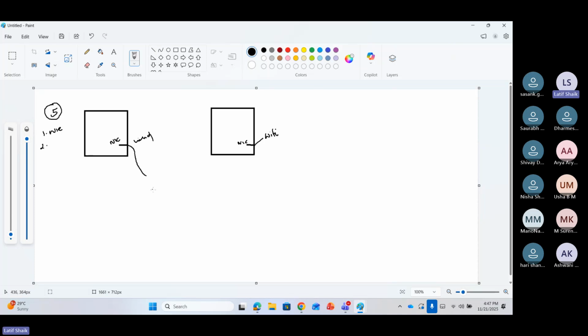You need to connect to the network. How do you connect? In the wired way, you need cables, right? Depending on your network connection, there are different types of cables.